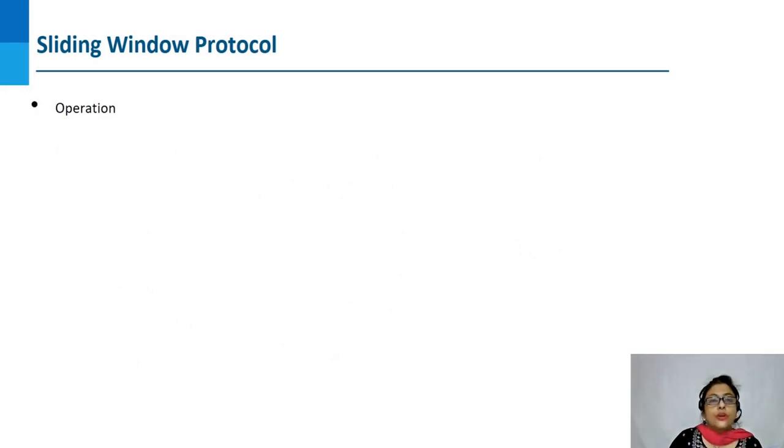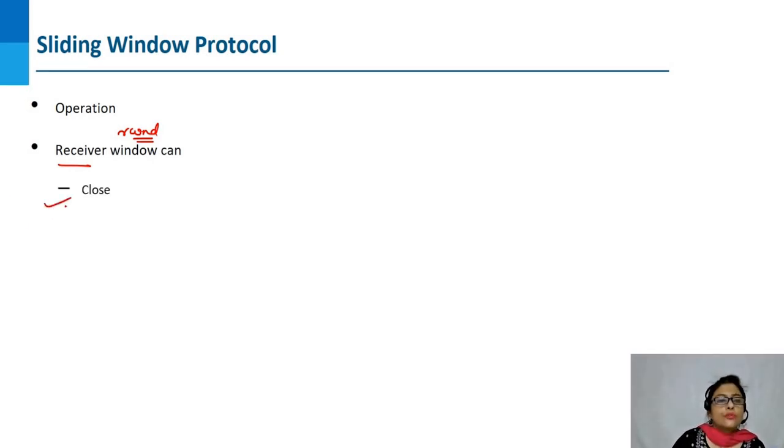What is the operation of sliding window protocol? The receiver window, or we call it RWND, which we have learned about in the previous video, can either close or open or shrink. Now what are the meanings of these three terms?